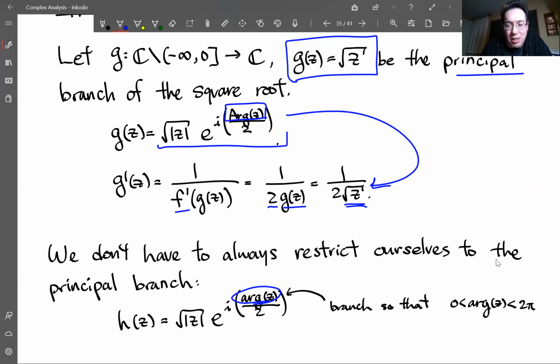With the principal argument function, we're going to go from negative pi to positive pi. That's what we did. But you could use argument from 0 to 2 pi. So that still covers 2 pi radians, and this will give you a different branch. I hope that makes sense.